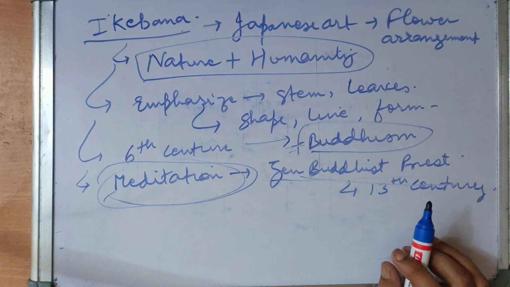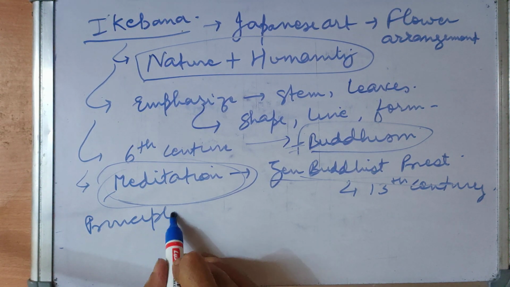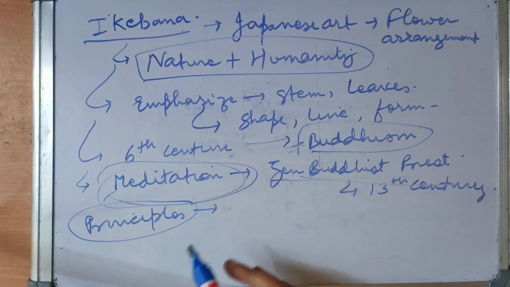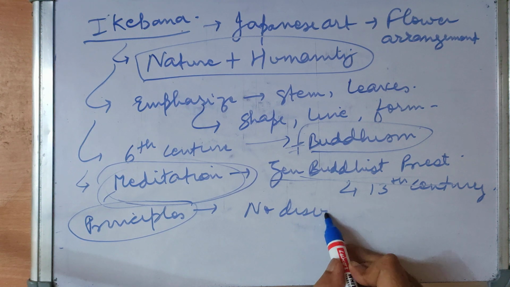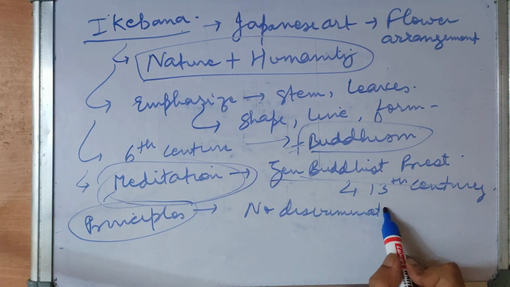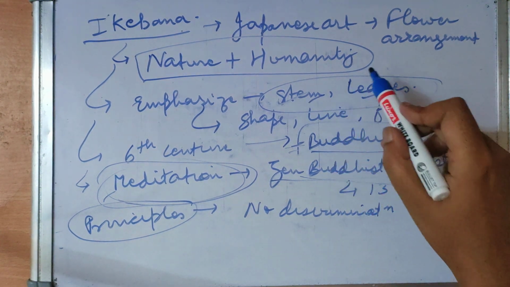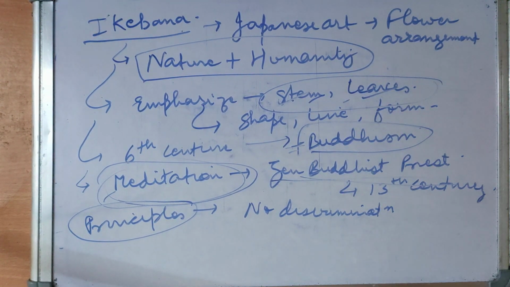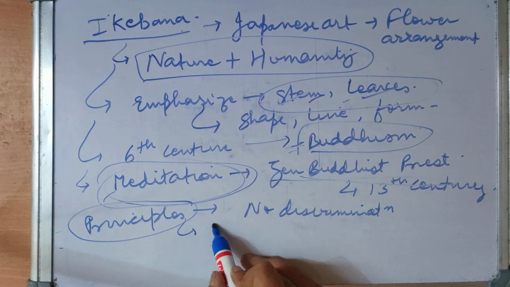Now, which principles are there? The principles of Ikebana. First of all, no discrimination should be there. That is why they focus on stems and leaves. Mainly we focus on flowers, but here there is no discrimination; they focus on stems and leaves at the same level as flowers. Selfless mind.